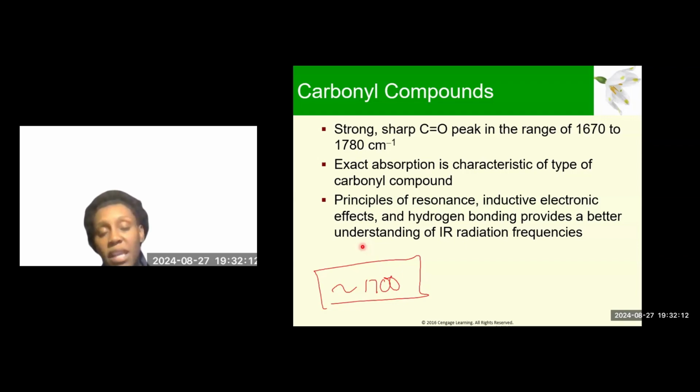The exact absorption of that compound is based on what type of carbonyl compound it is. And this is because of resonance and inductive electronic effects, which provide a better understanding of infrared radiation frequencies. And so pretty much just know that a carbonyl group is going to be in different areas based on what else it's attached to.